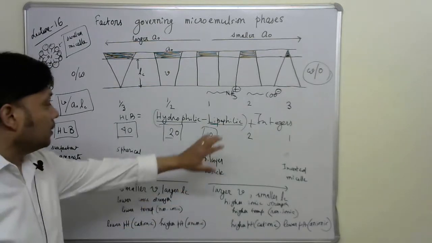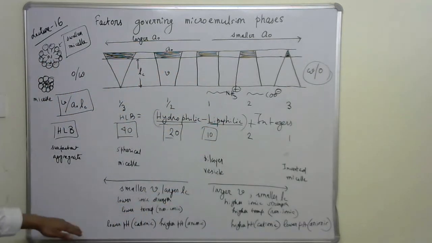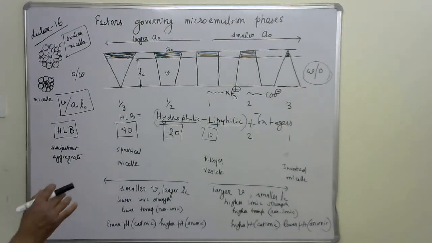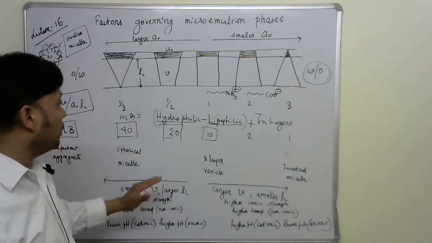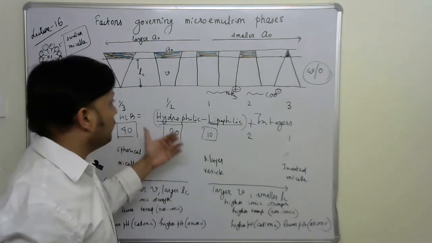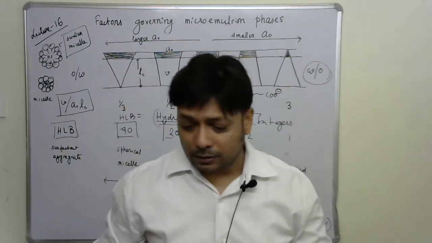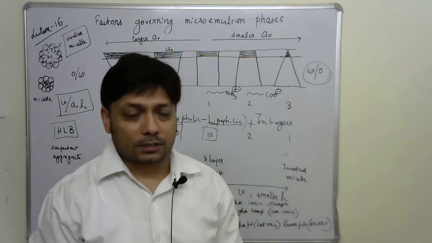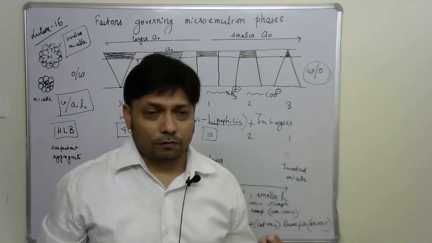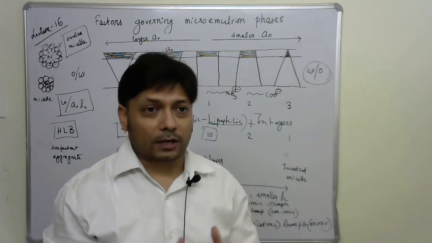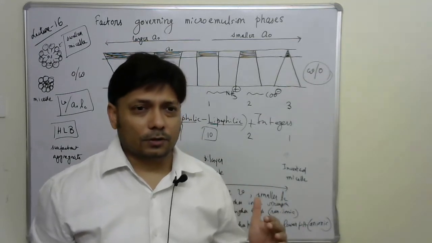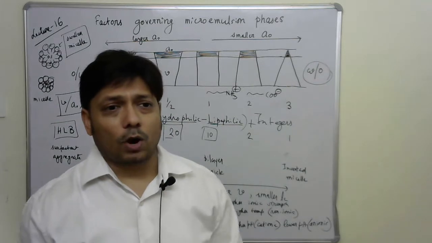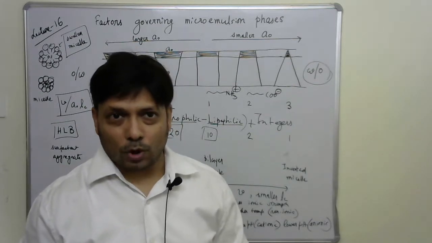So, if we can try to visualize this chart, you don't have to memorize it, but if you have an impression of the schematic diagram I have drawn here, and if you try to understand the significance of this diagram, then I hope it will be absolutely clear to you how the solubility and the structure of surfactants, those two factors, would dictate the type of microemulsion form, whether it is water in oil or whether it is oil in water.